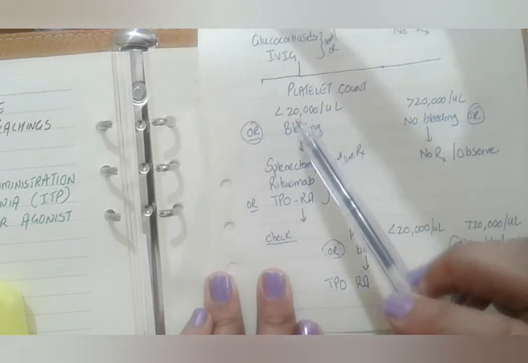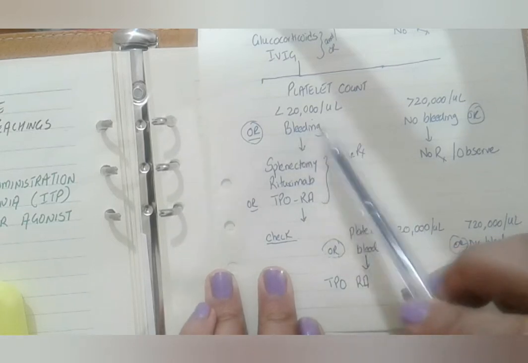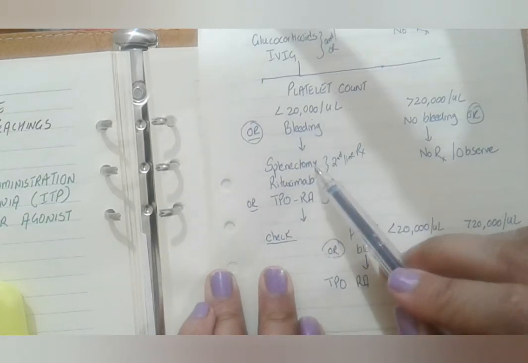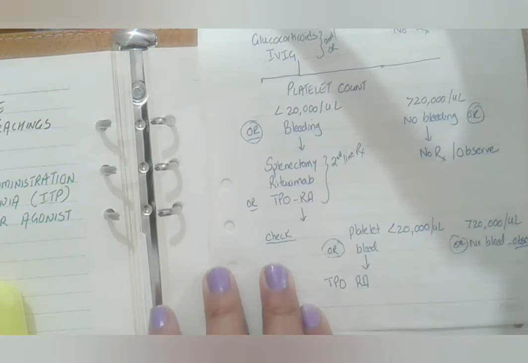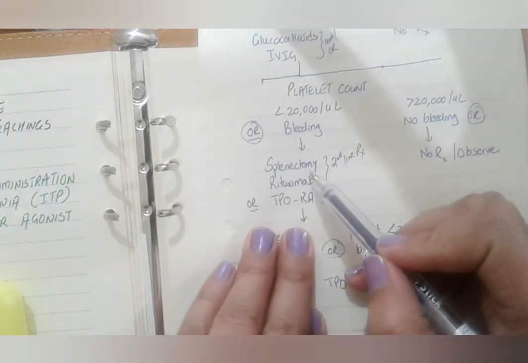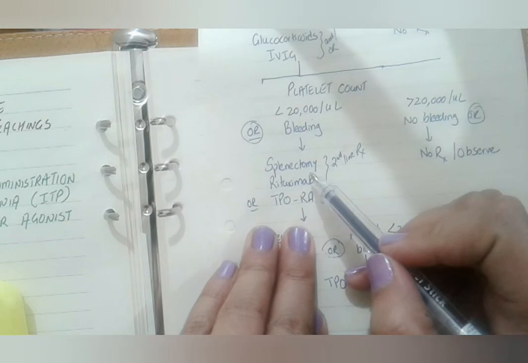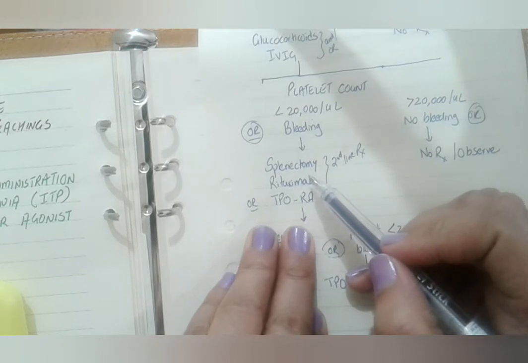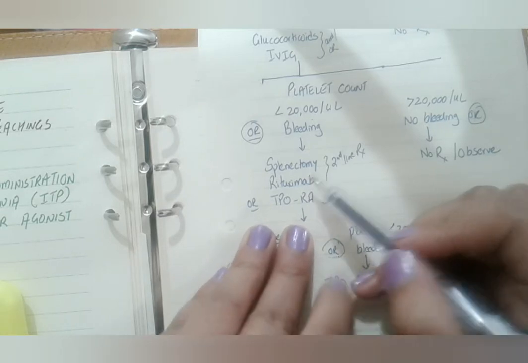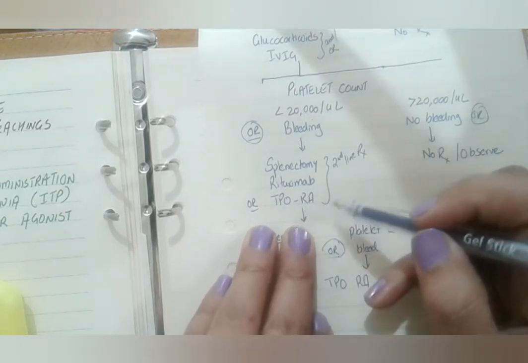But when it has gone down and there is bleeding, then you consider splenectomy. This is very important. Now, what does splenectomy do? It removes the major site of phagocytosis of antibody-coated platelets and the lymphocytes as well that may be responsible for producing the antiplatelet antibodies.